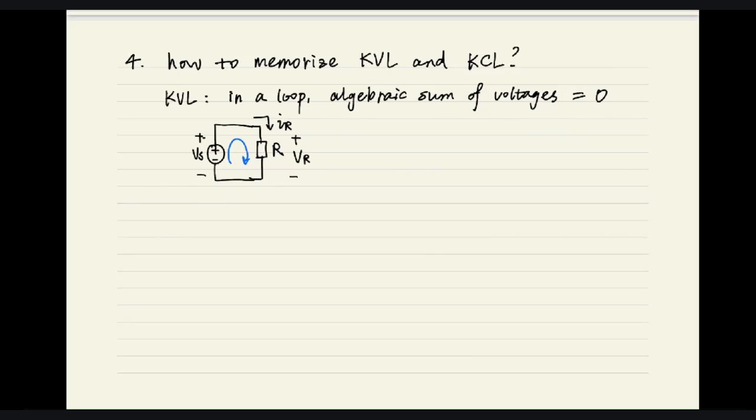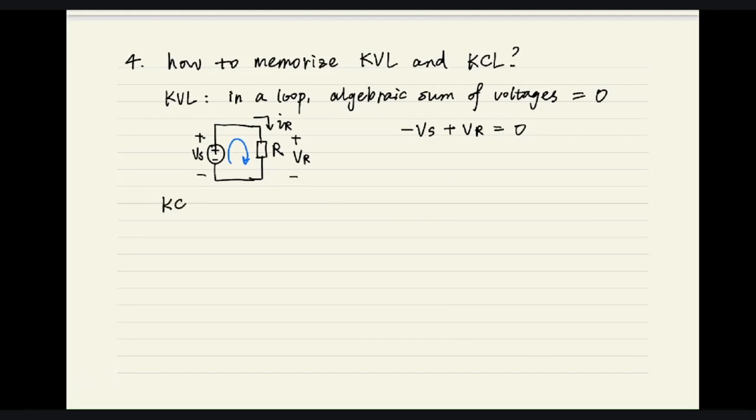If the sum of the voltages is not equal to 0, as time goes by, the energy difference will accumulate, which results in a mismatch between the energy supplied and energy absorbed. And this is not obeying the conservation of energy. So we can come to the conclusion that the energy supplied is always equal to the energy absorbed. So minus Vs plus Vr is 0.